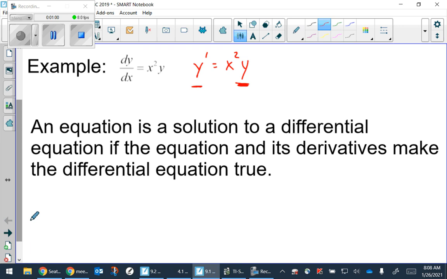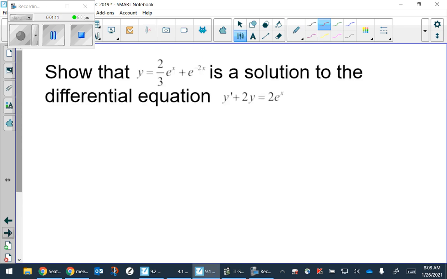Okay, so today we aren't solving differential equations. Today, really all we're doing is we're going to verify that things are solutions to a differential equation. So here I've got this equation, y equals 2/3 e to the x plus e to the negative 2x.